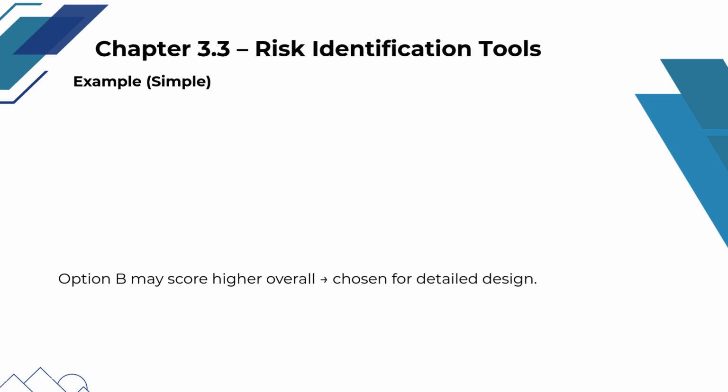Option B scores higher overall, showing advantages in cost and speed, while option A only improves reliability and ease of use. Based on this evaluation, option B would be selected for detailed design, illustrating how the POO matrix helps objectively compare alternatives, visualize trade-offs, and guide decision-making toward the most promising solution in DMADV.